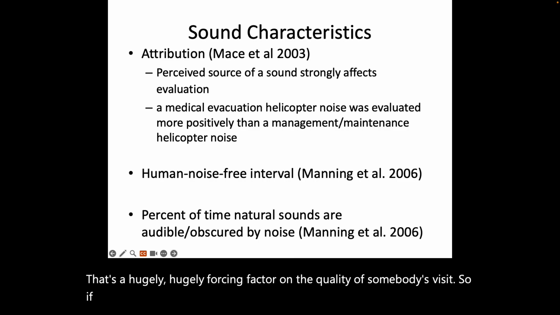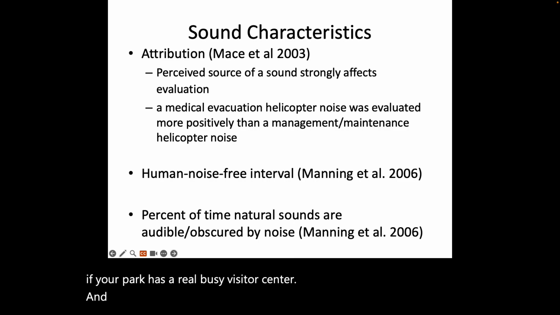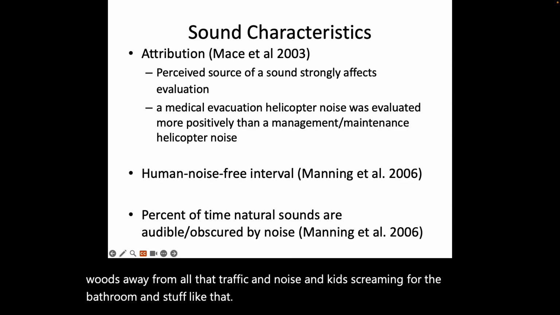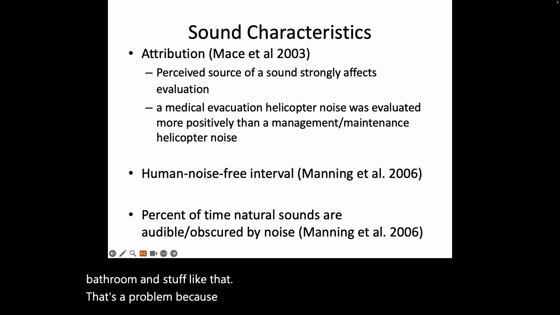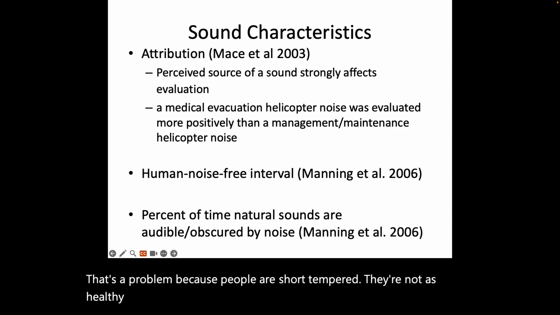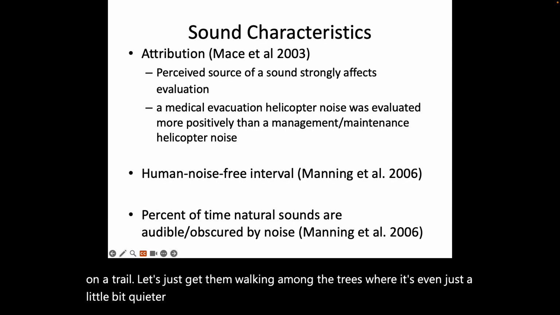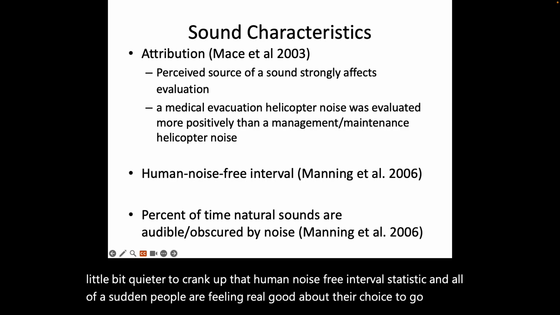So if your park has a real busy visitor center and no trail starting from the visitor center that gets people out in the woods away from all that traffic and noise and kids screaming for the bathroom and stuff like that, that's a problem because people are short-tempered, they're not as healthy in that noisy environment at your national park. So let's get them on a trail. Let's just get them walking among the trees where it's even just a little bit quieter to crank up that human noise-free interval statistic, and all of a sudden people are feeling real good about their choice to go to your park instead of real bad about it.